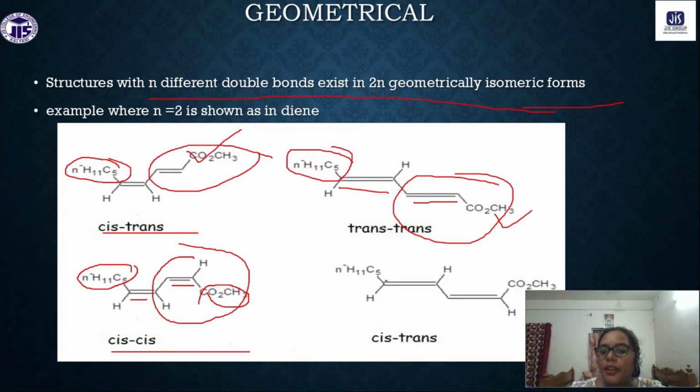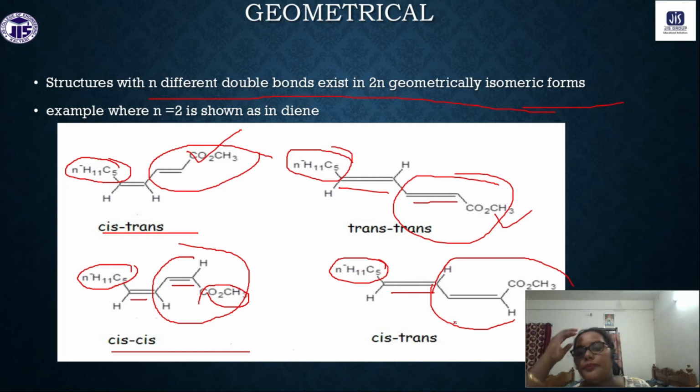Now cis trans, you can see that bulky group at this position, and the total bulky group will be at the opposite direction. So this is with respect to this bond, that is the trans.